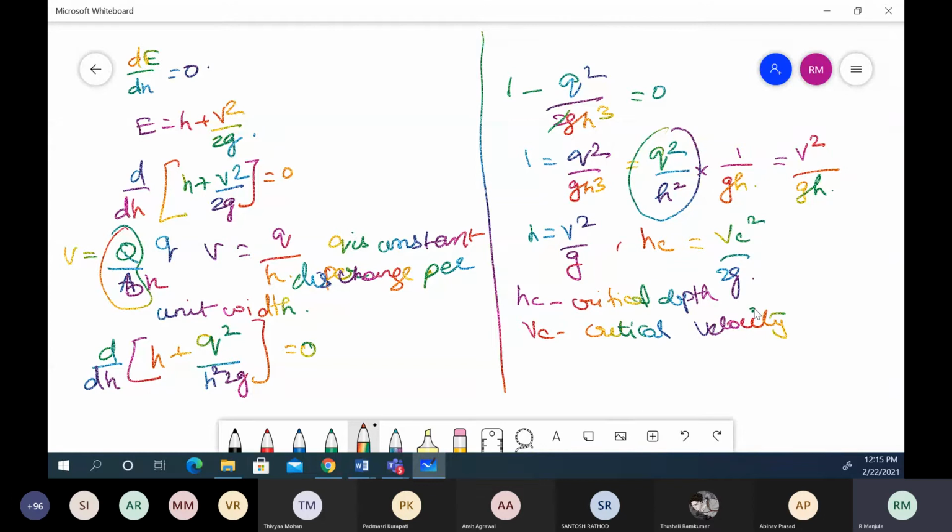Now if I am replacing H by Hc and V by Vc in the specific energy equation, then you will be getting the minimum specific energy. So what is my equation now?